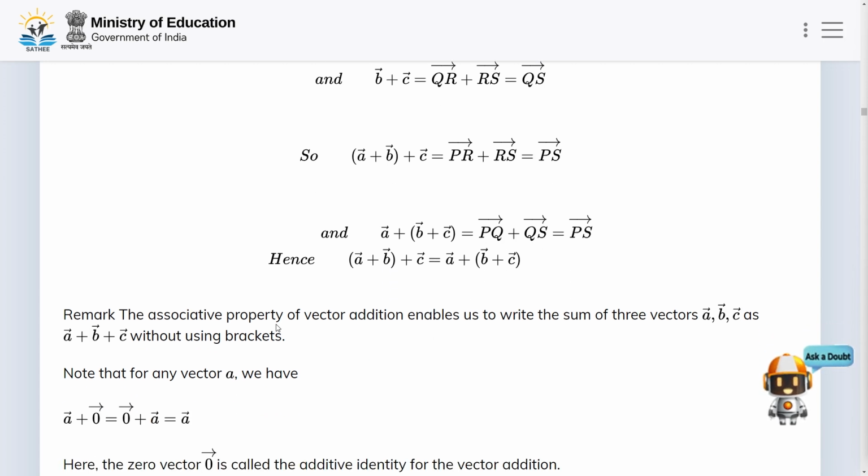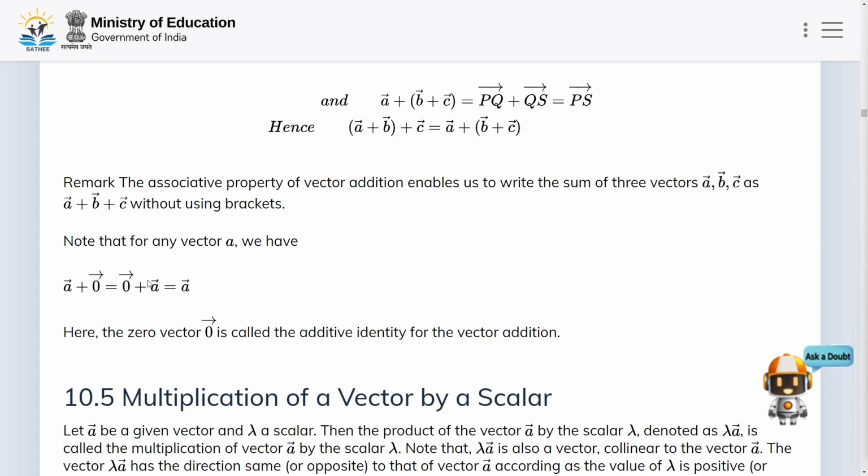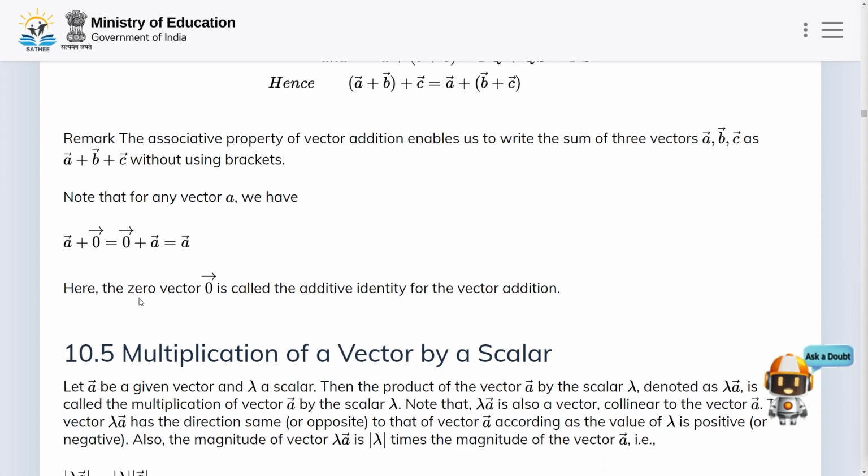So the associativity property of vector addition enables us to write the sum of three vectors A, B, C as A plus B plus C without any brackets. Now note that for any vector A, A plus the zero vector is equal to the zero vector plus A, which always gives you A. The zero vector is called the additive identity for vector addition.